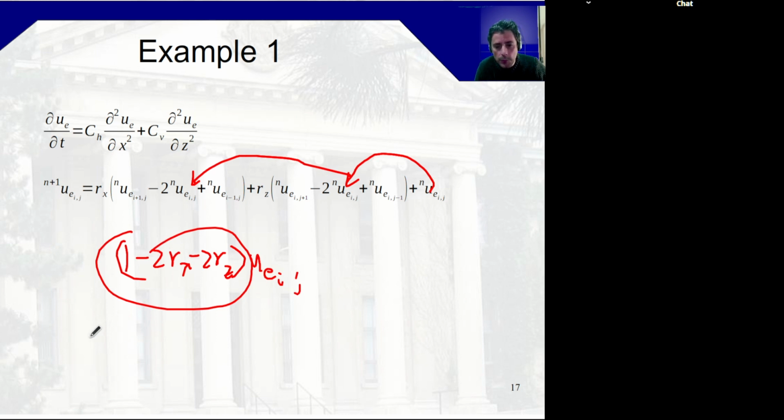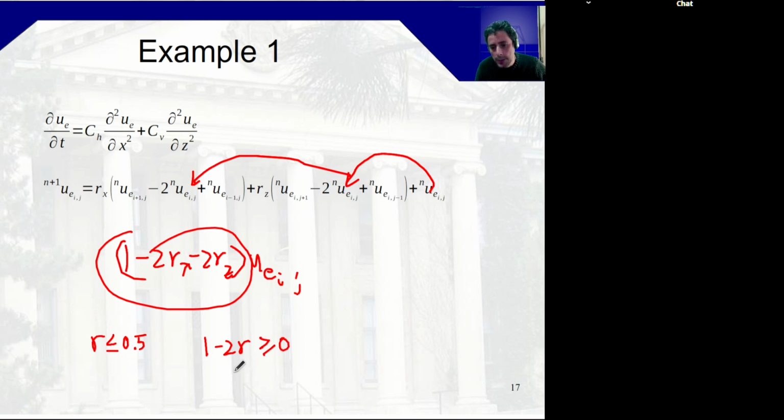Before, we said that R had to be smaller or equal to 0.5, but that was really to say that 1 minus 2R must be larger or equal to 0.